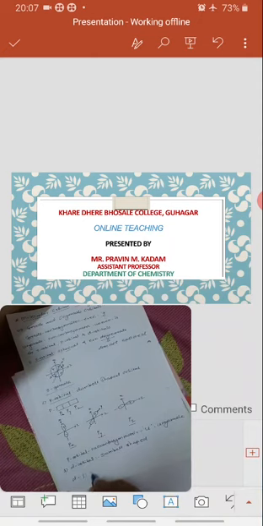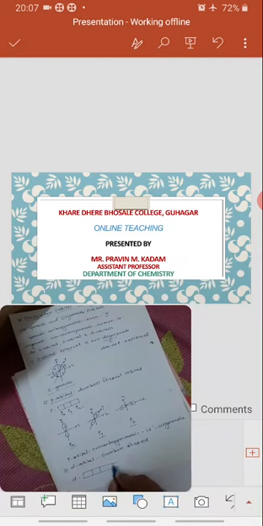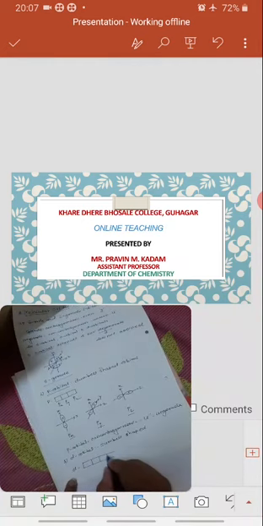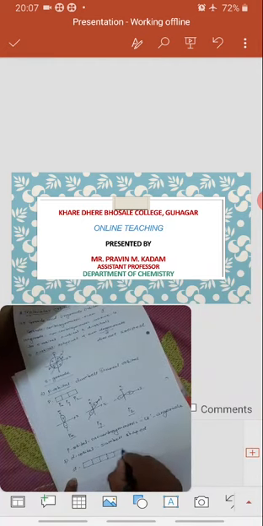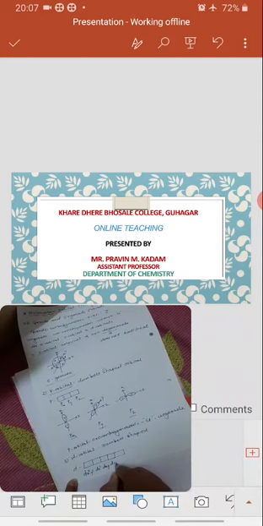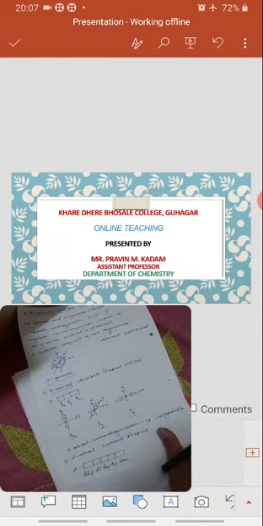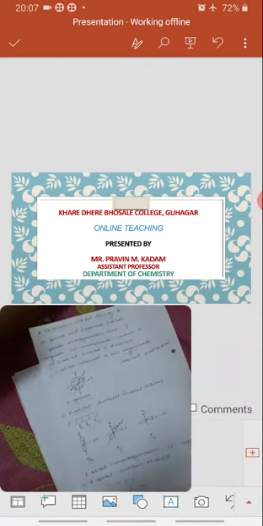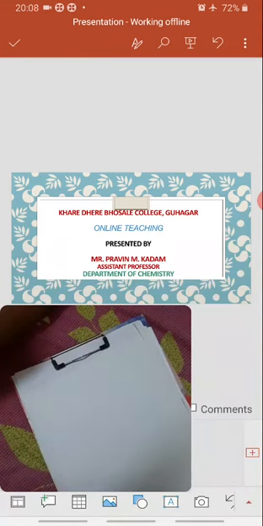There are 5 d orbitals: 1, 2, 3, 4 and 5. They are dx2-y2, dz2, dxy, dyz and dxz. For these five d orbitals, you can check whether they are gerade or ungerade.